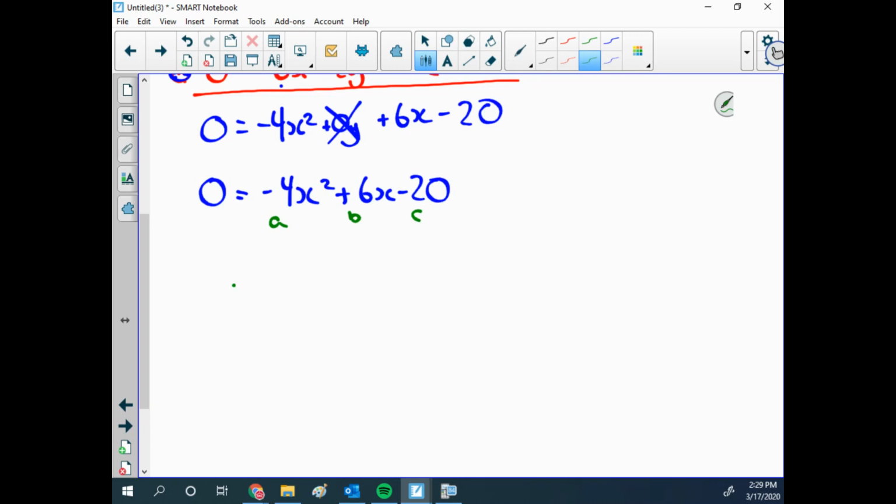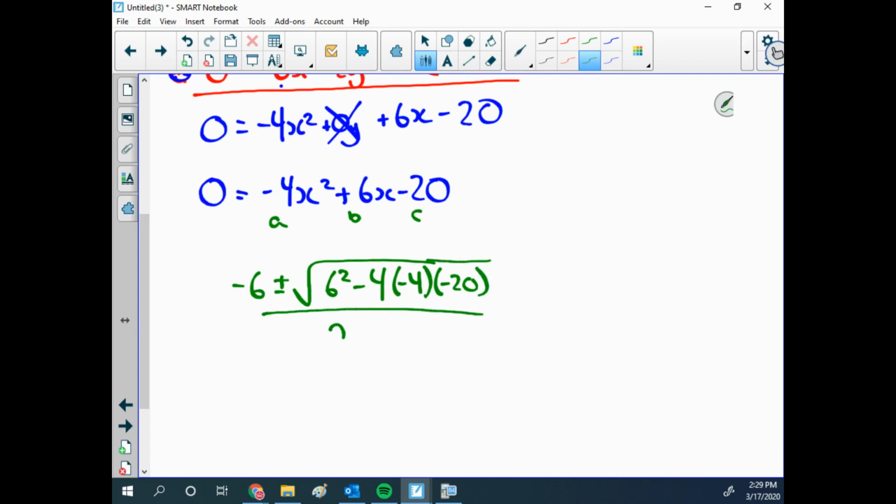So negative b plus or minus the square root of b squared minus 4ac, divided by 2 times -4.